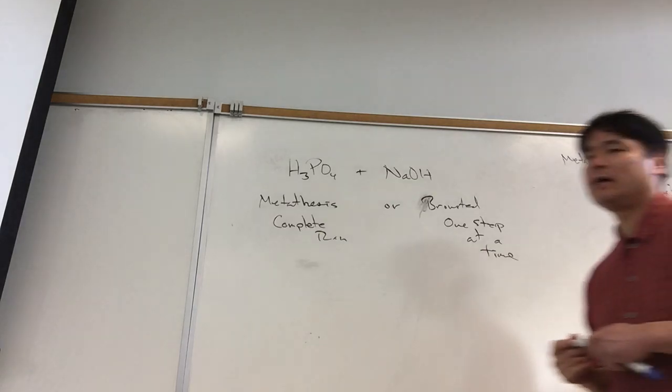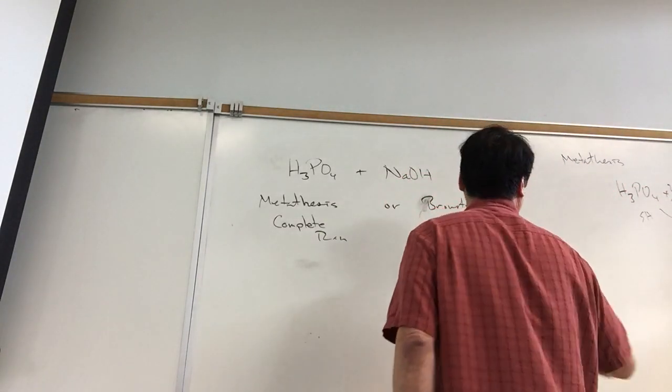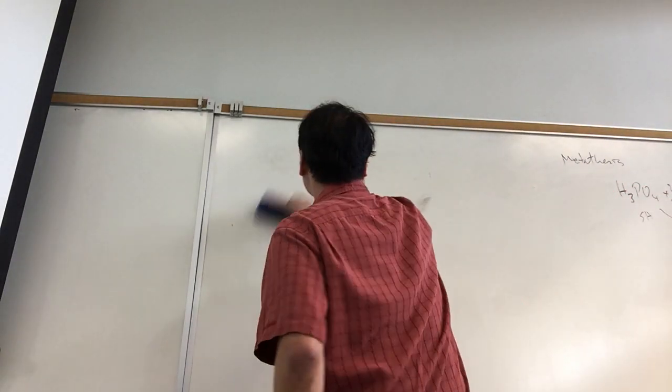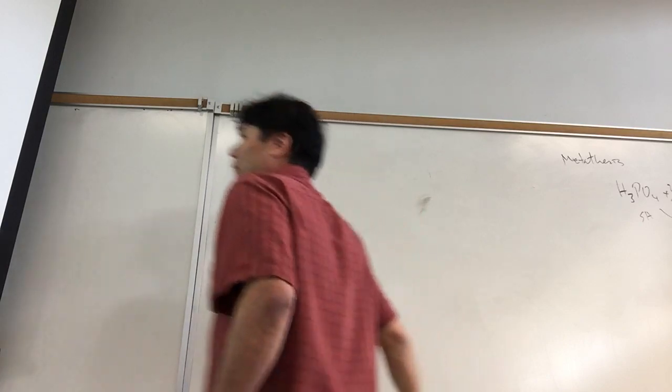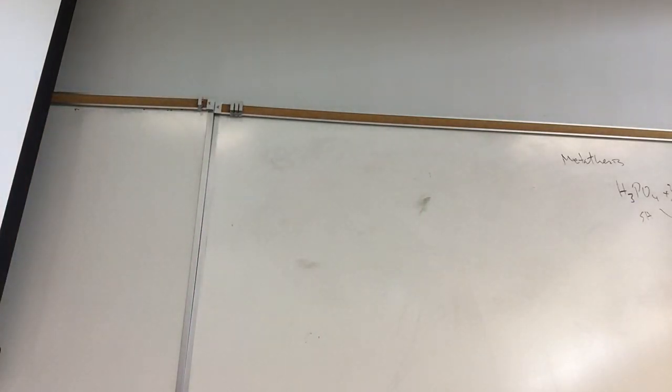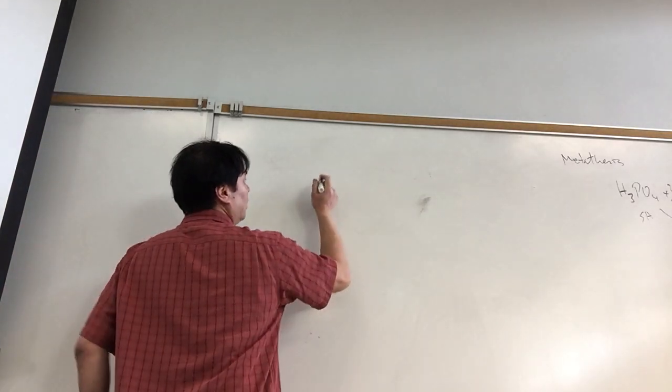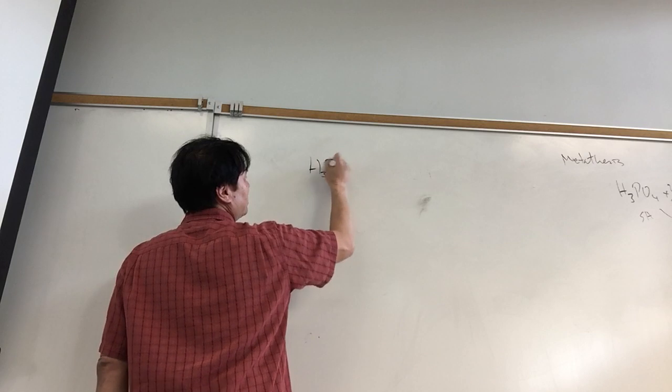For Bronsted, we handle this differently. The first step is to take inventory. What do I mean by inventory? We see what major species are present.